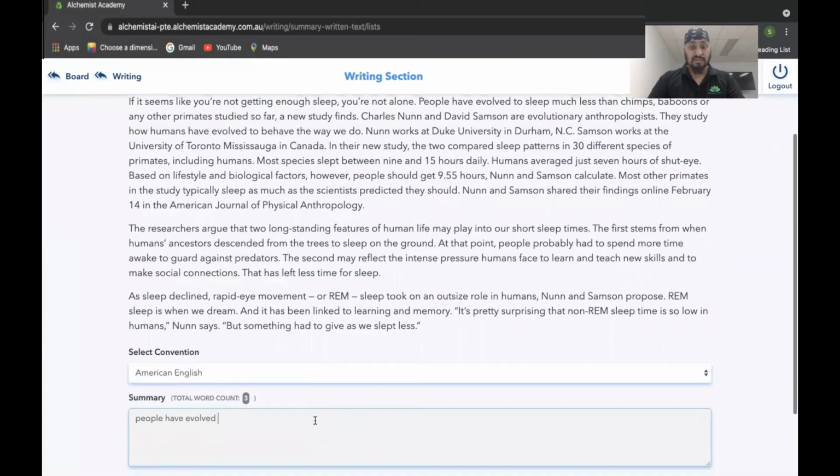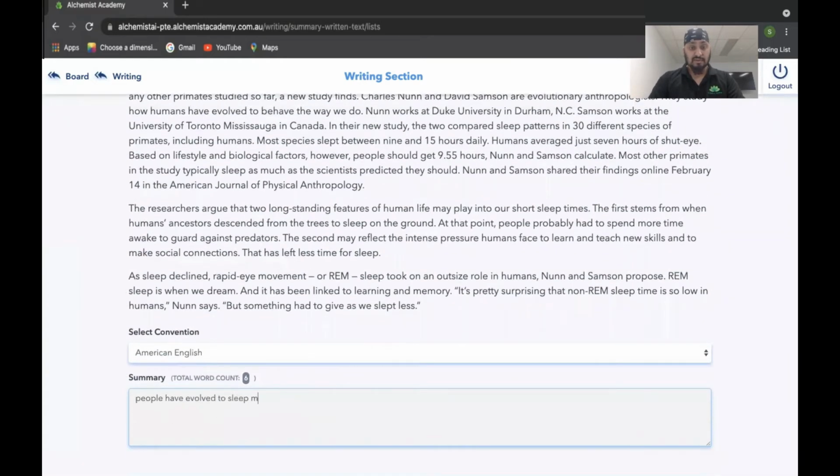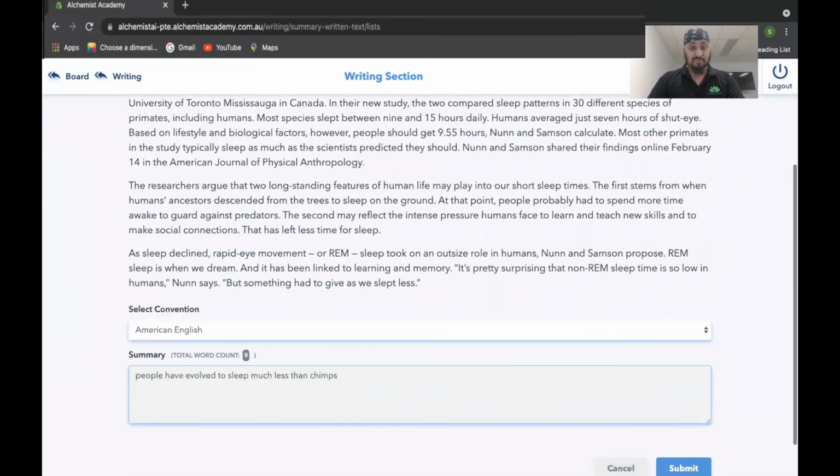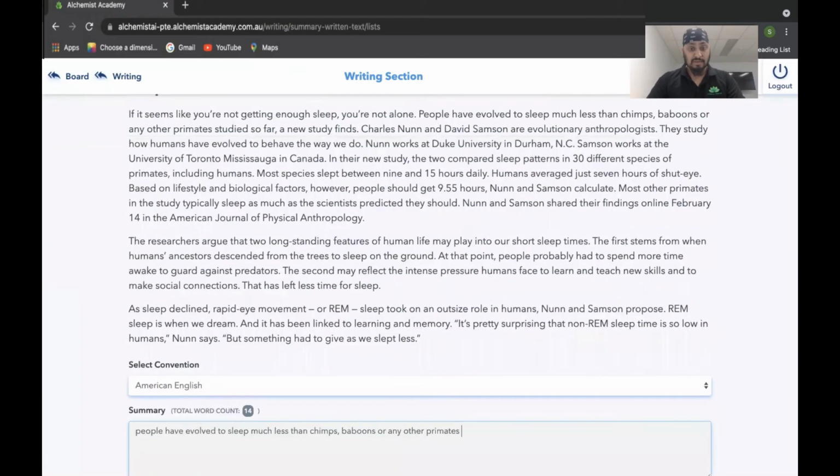To sleep much less, to sleep much less. A new study finds. Okay.